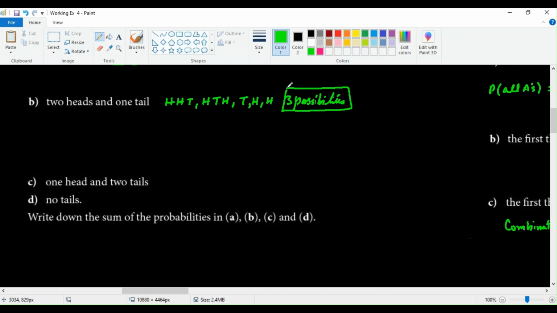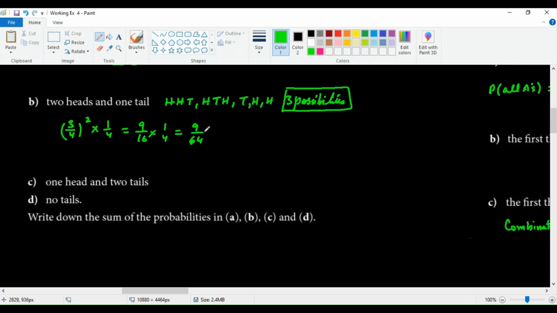Now this is something to be considered. That means 3 over 4, two heads and one tail. So it's going to give us 9 over 16 times 1 over 4. So this is going to give us 9 over 16 times 4, which is 64.